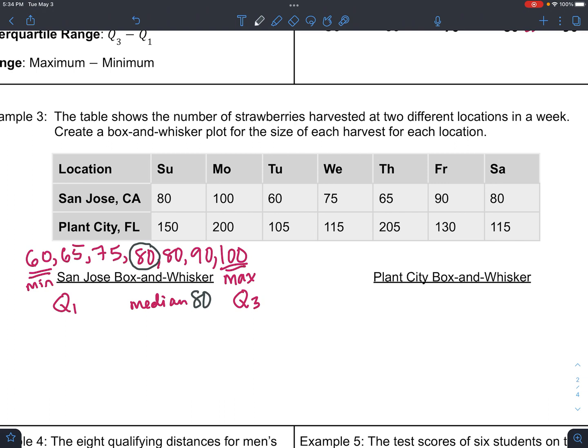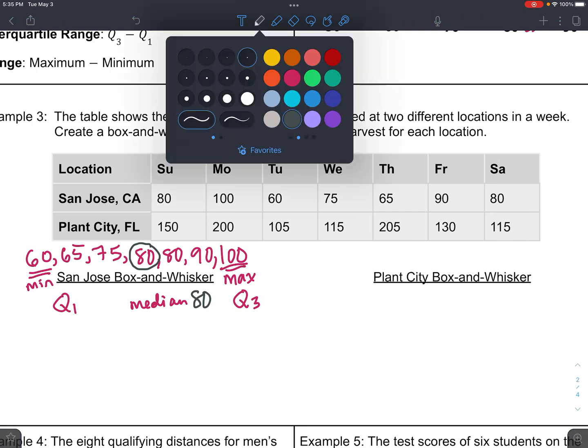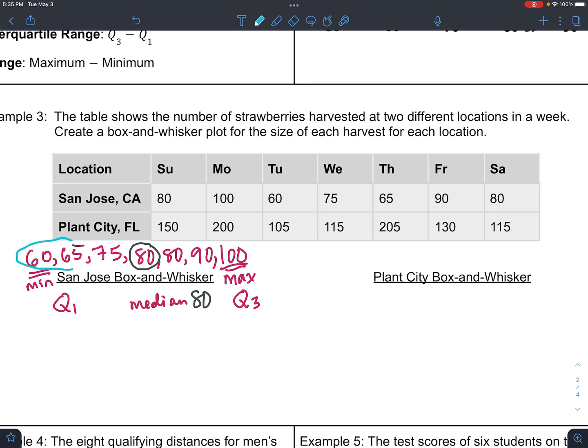So Q1 is the 25th percentile, which means it's halfway in the first set. So it's like you cut it in half with the median, but then you cut the first part in half with Q1, so that you have a middle point from 0 to 50, so it's 25%. Okay.